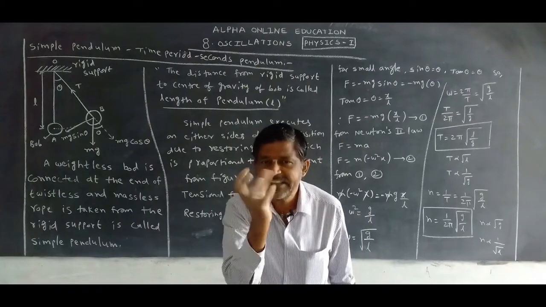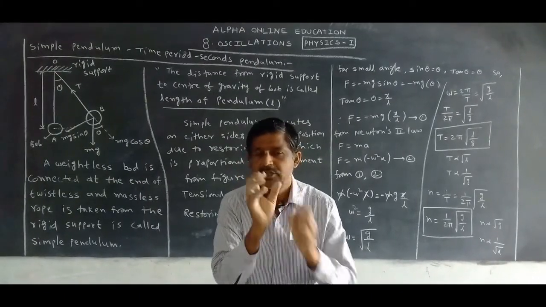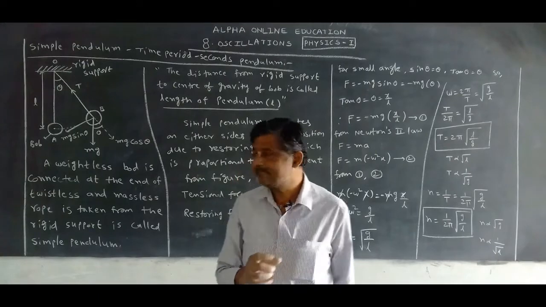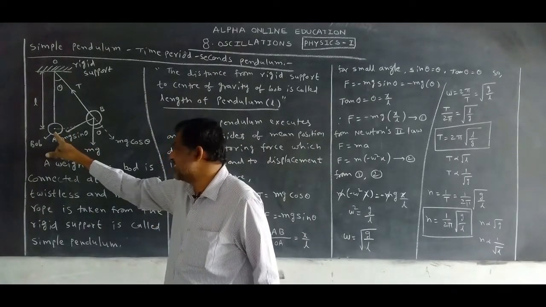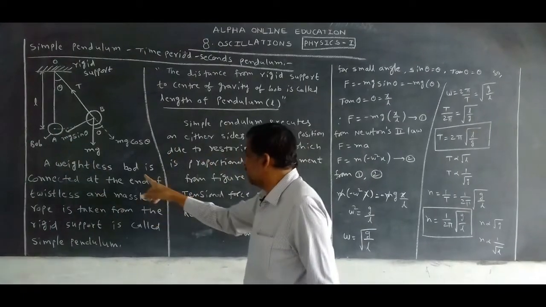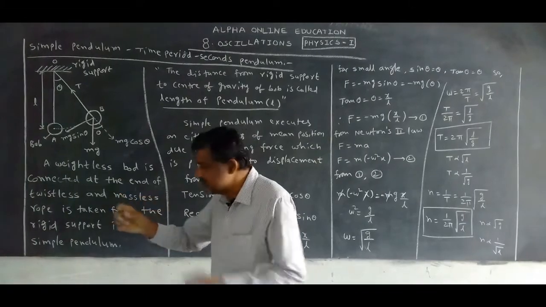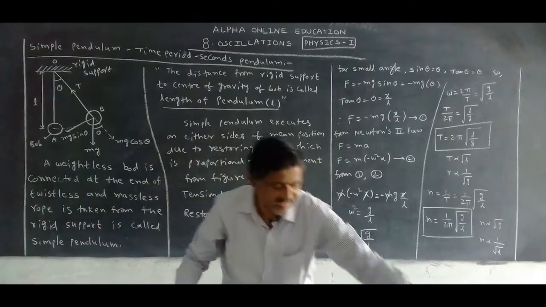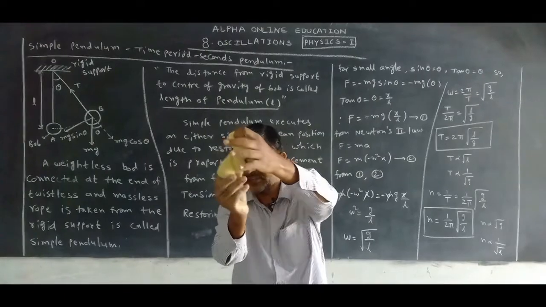A weightless bob, just like a ball, a weightless bob like this. A weightless bob is connected at the end of a twistless, massless rope or thread. This is called a twist.